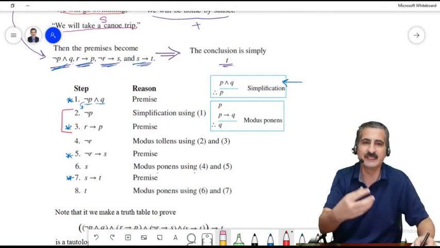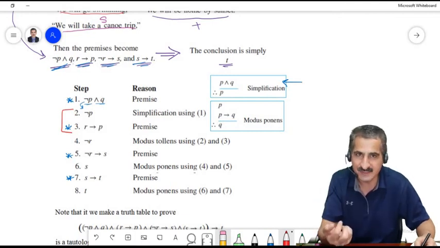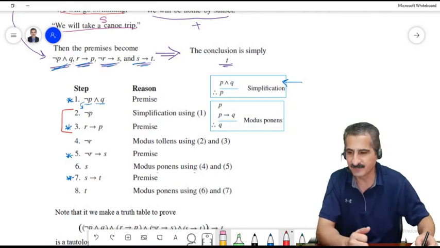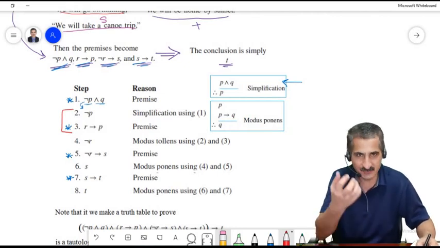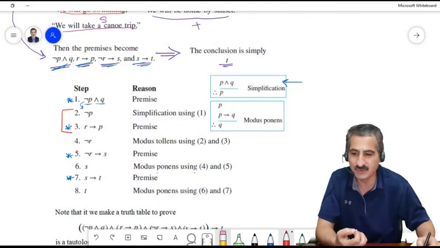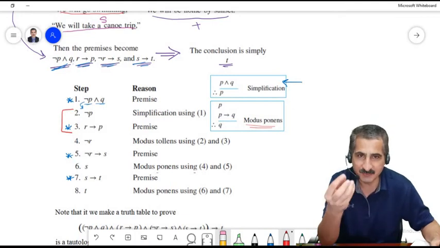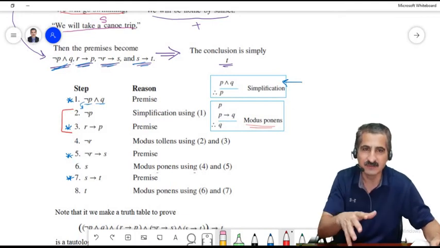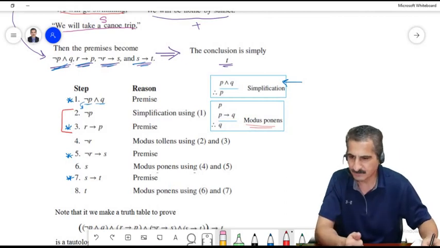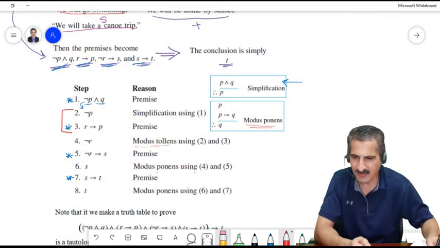We combine the not P we already concluded from the rule of inference with a premise we already have in hand, R gives P. If we have a statement P, and that statement implies Q, then we will have Q. Okay, so we will use 2 and 3 again, modus tollens. Sorry, we are not using this one, we are using modus tollens.